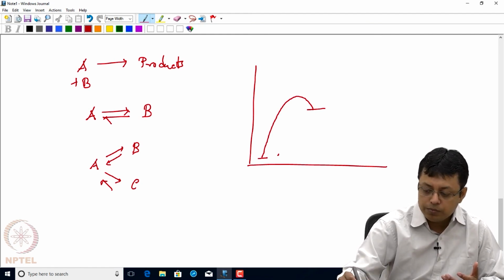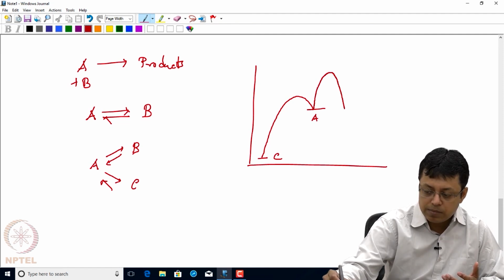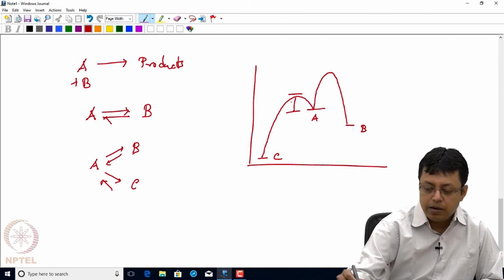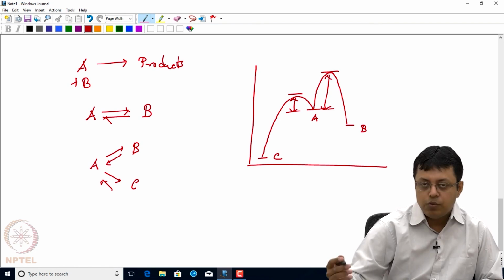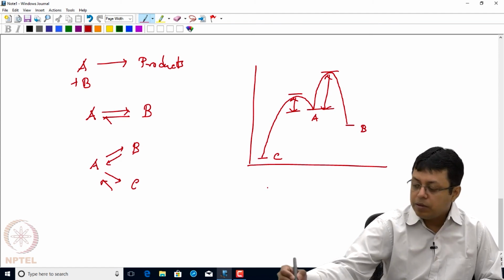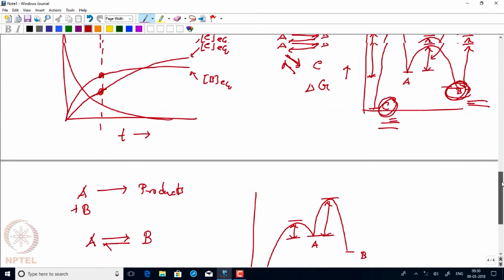When I am going from A to B, the activation barrier is higher, and B is thermodynamically less stable than C. As you can see, the position of C is much at the bottom, and also the activation barrier for going from A to C is smaller than going from A to B. So in this case, C is both the kinetically as well as the thermodynamically controlled product, meaning from the very beginning you will see C being formed.